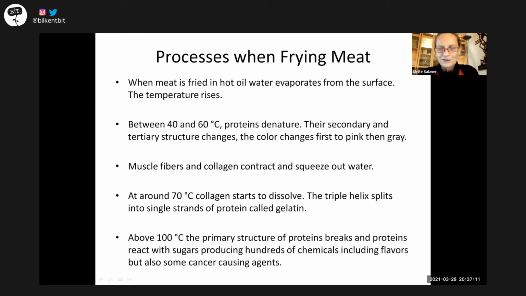There's a very special reaction, called the Maillard reaction, which happens in particular between protein and sugar. This creates hundreds of flavors, but also some substances, even cancer-causing agents, but in small amounts. And we have eaten it for millions of years, but it's also creating some poisonous substances.